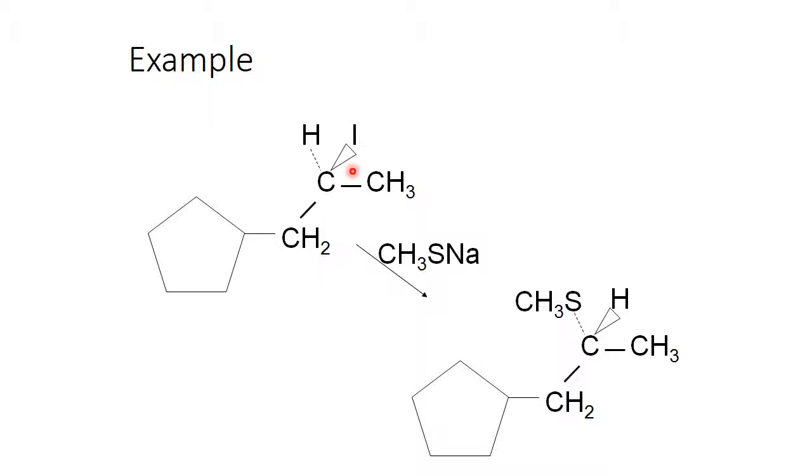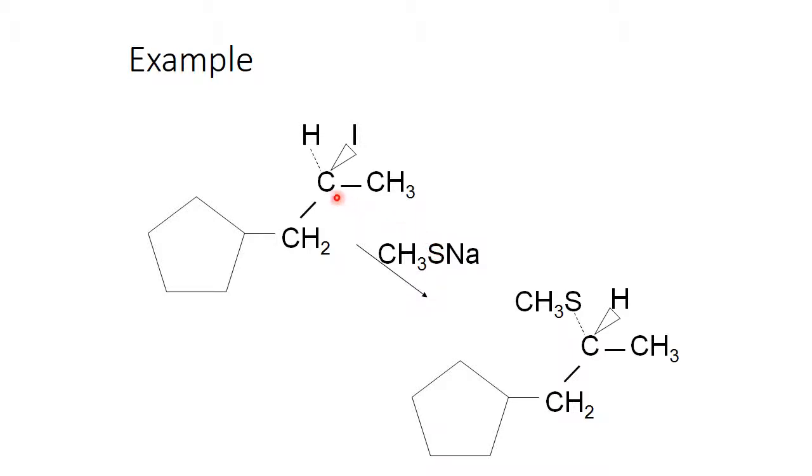Here's an example. This compound is actually S-2-iodopropyl cyclopentane. So this is the S enantiomer. Here comes this nucleophile. What's a nucleophile? A negative charge on this sulfur, so the sulfur is a nucleophilic atom.